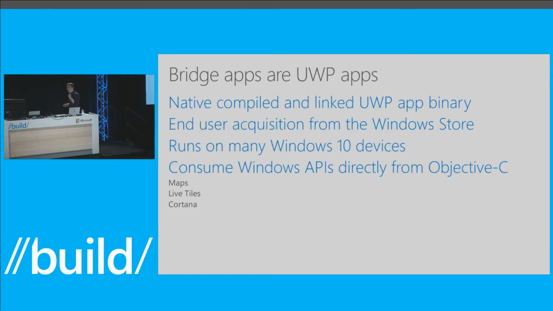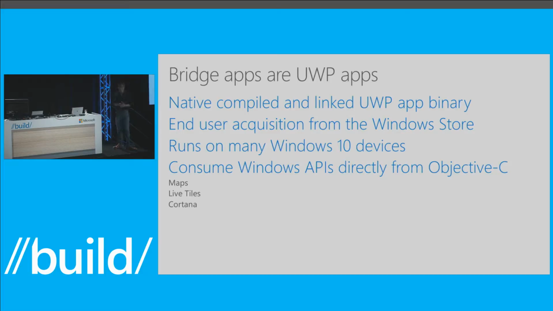These are completely native UWP app binaries. That means if you choose to distribute your app on the Windows Store, it sits there right alongside all of the other UWP apps. That means you don't just have access to the 270 million people running Windows 10 devices. You have access to whole new form factors.